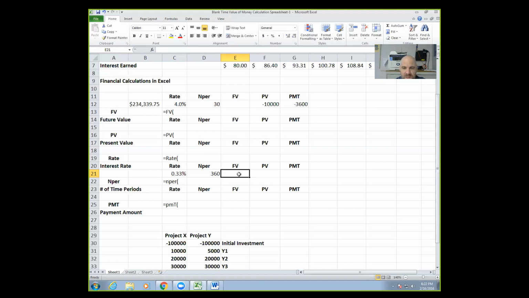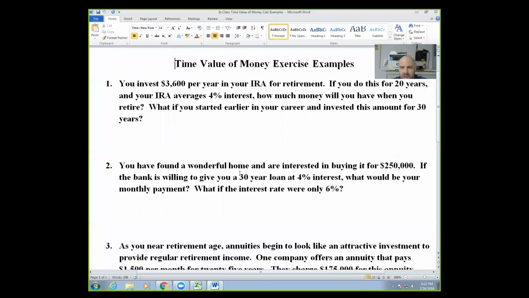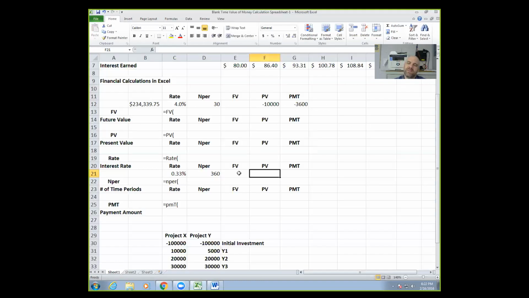All right, so let's see. This is the part that sometimes they get mixed up. The amount of the house is $250,000. I'm going to try it this way. Negative $250,000 in present value, because that's what the house is valued at right now. That's what it would cost me if I was going to buy it with cash, $250,000.